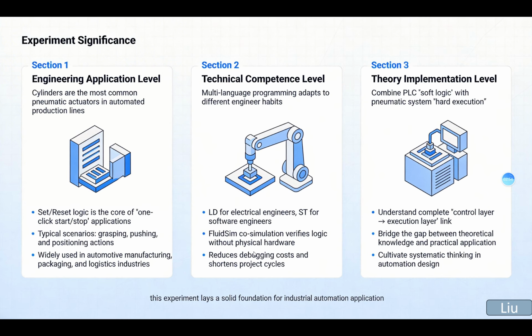So you can see the experiment significance. Section 1 is engineering application level. Cylinders are the most common pneumatic actuators in automatic production lines. Section 2 is technological competence level.